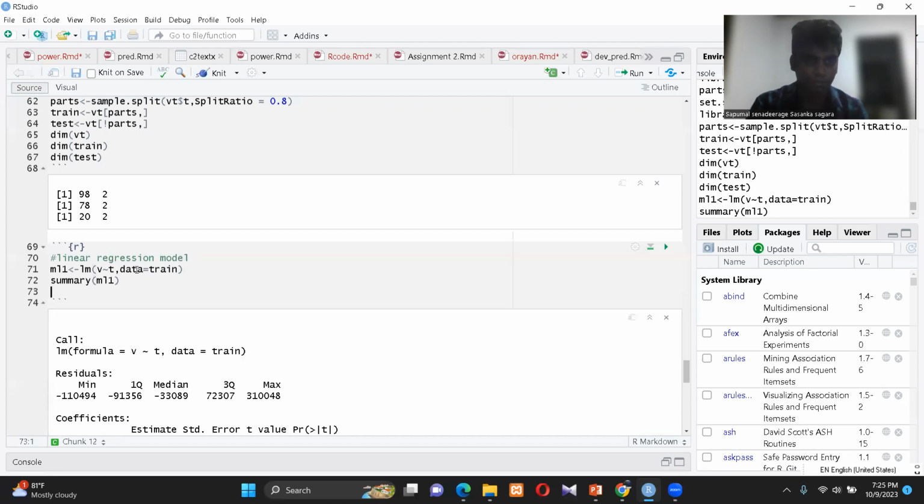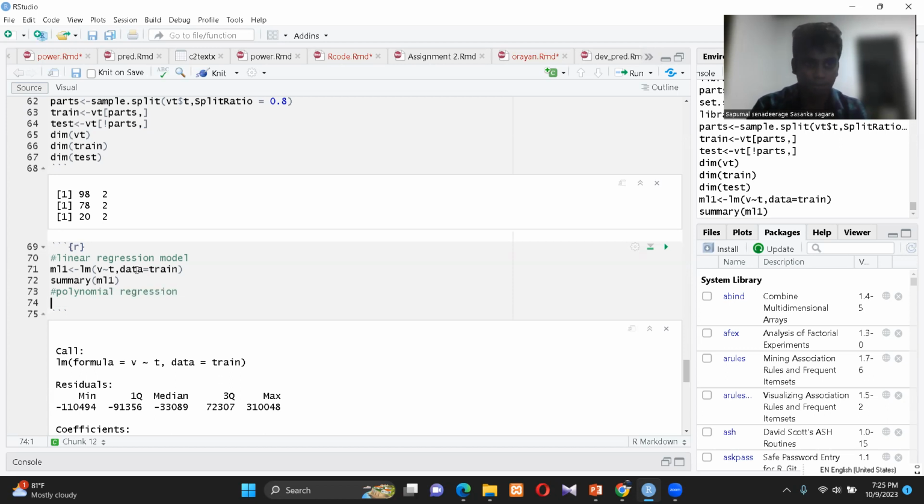So I want to reach a better output by performing polynomial regression, right?